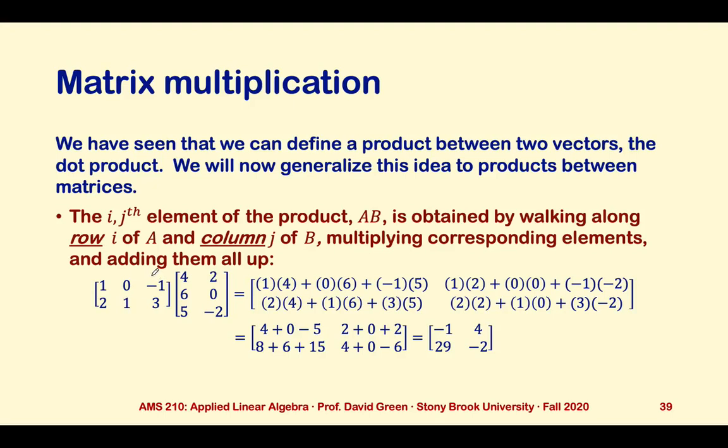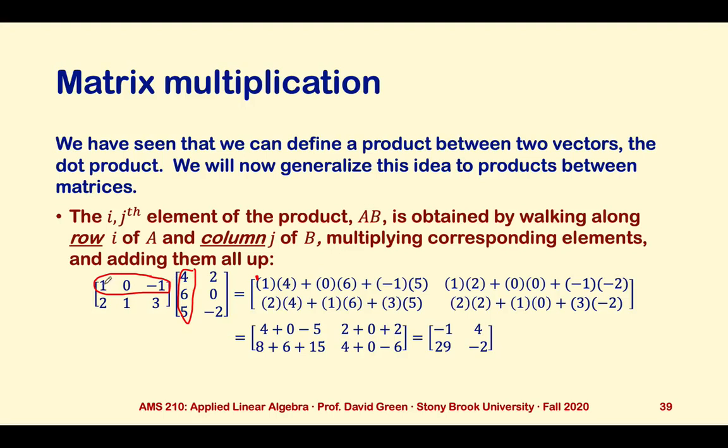We start with the first row of A and the first column of B, and that gives us our first entry, 1,1, in our matrix.